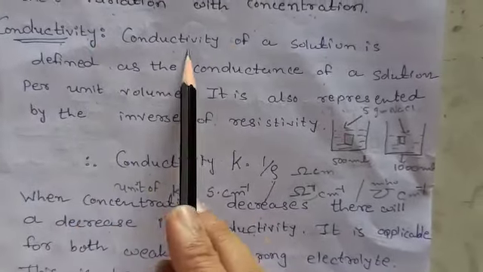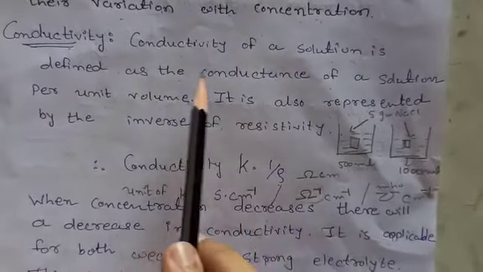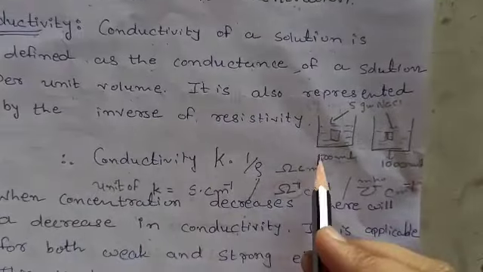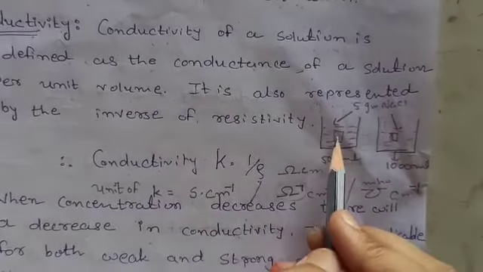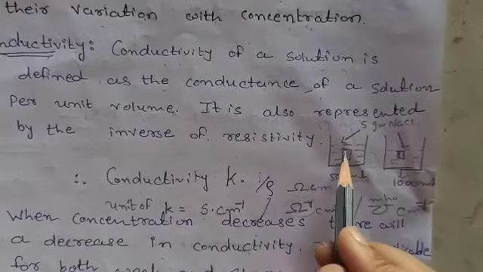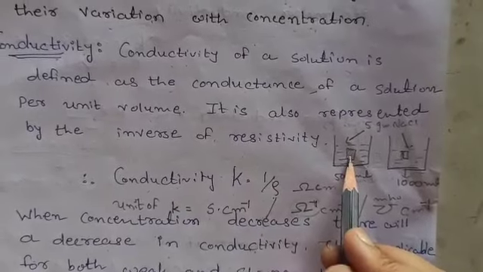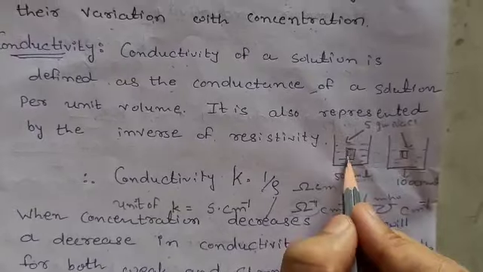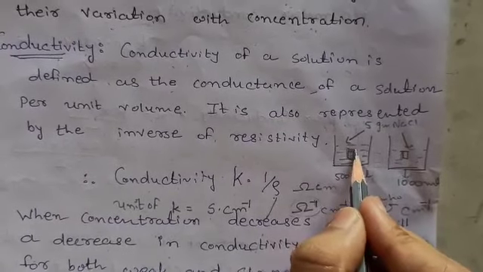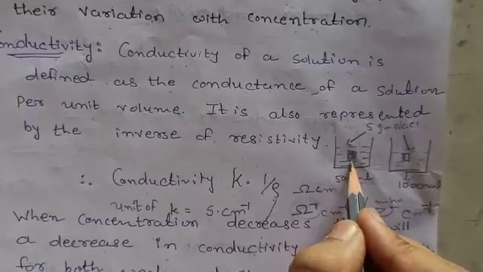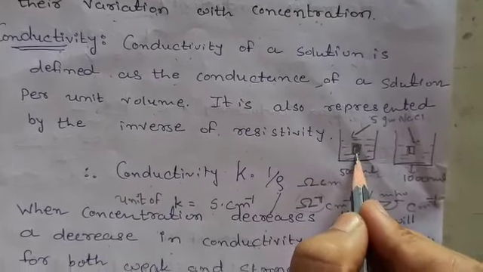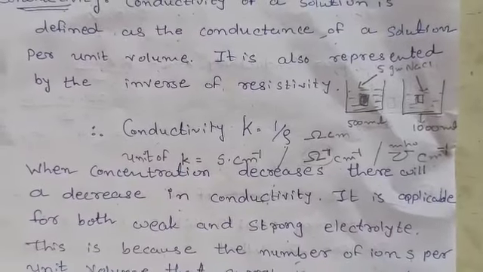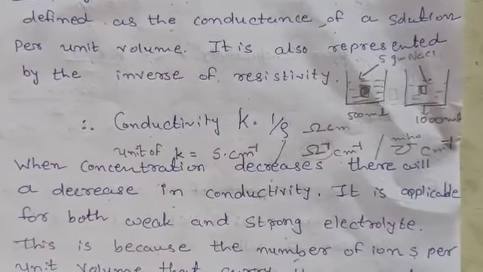Conductivity. Conductivity of a solution is defined as the conductance of a solution per unit volume. It means conductivity is nothing but the number of ions present per unit volume in a given solution, right? If any solution is given and we take a unit volume, the number of ions present in this volume is known as the conductivity, right? It is also the reciprocal of resistivity.